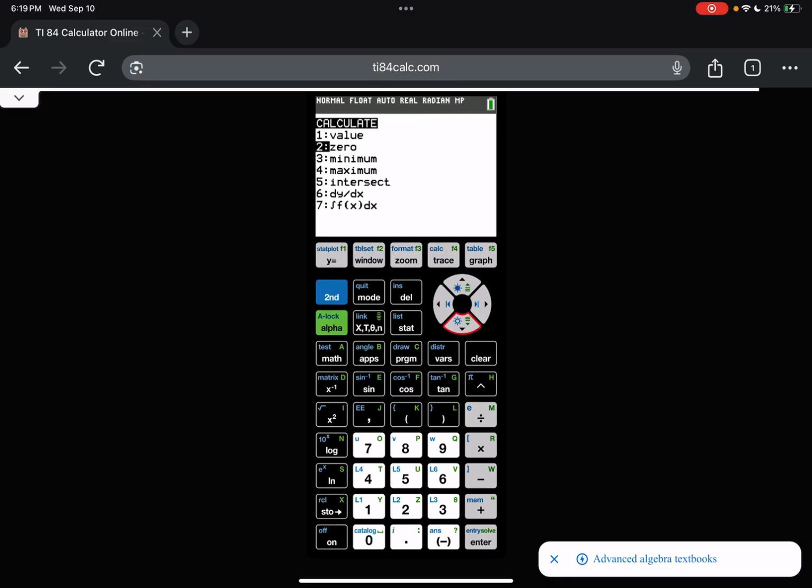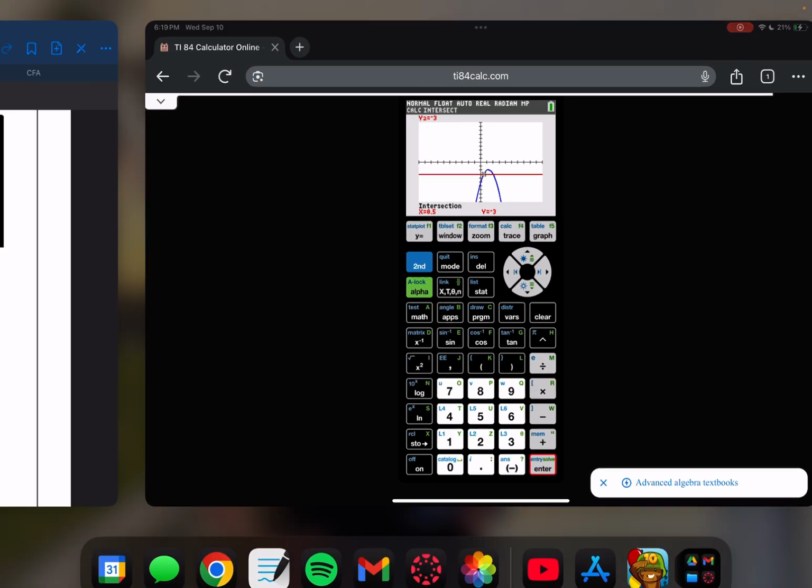And then on the calculator, we're going to go second trace again, but now we're going to go down to intersect. We're going to make sure that our y1 is our function, y2 is our value, and we can see here that it's going to intersect in 2 places. So there are going to be 2 solutions here. The first one is going to be 0.5.